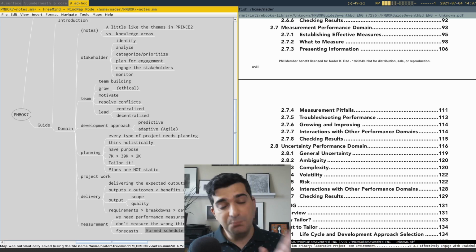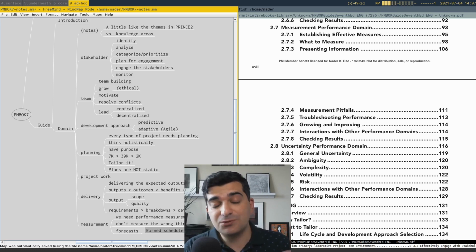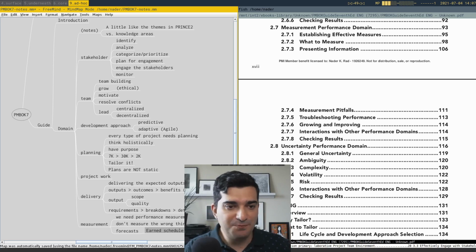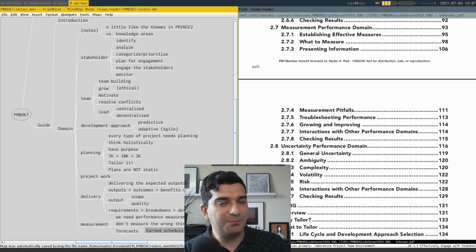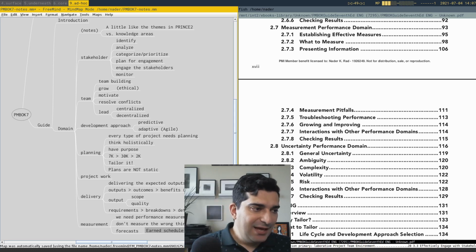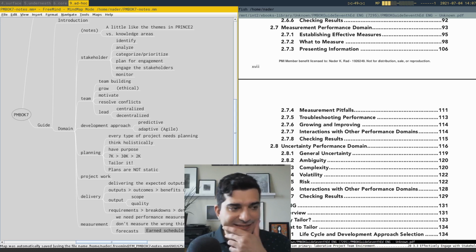You have time boxed iterations, and you can maybe time box the whole project. DSDM, for example, has time boxed projects. So it doesn't make sense to think about the forecast for the completion date. You know the completion date. But instead, what you would forecast is the scope that will be done during that time box.